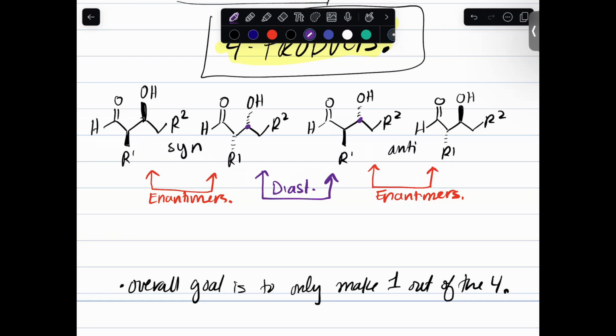Let's go ahead and finish up grouping the remaining diastereomers. This and this molecule are diastereomers, where the carbon bearing the R1 substituent remains the same. Diastereomers. Might get a little crowded. These two are diastereomers where the carbon bearing the R1 group remained the same.